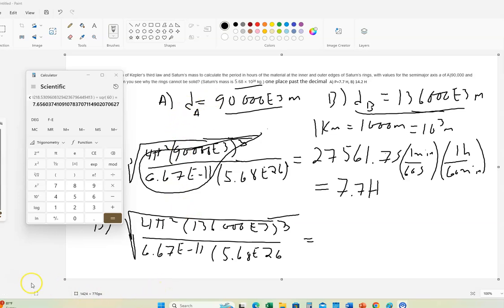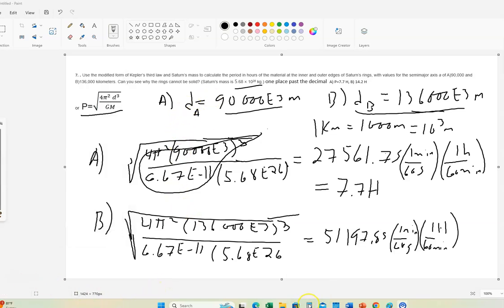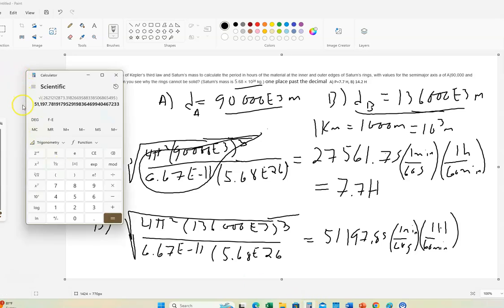For the second one, you get approximately 51,197. Divide that by 60 squared, and you get 14 hours. So they cannot be solid. If they were, the inner and outer rings would rotate at the same speed.